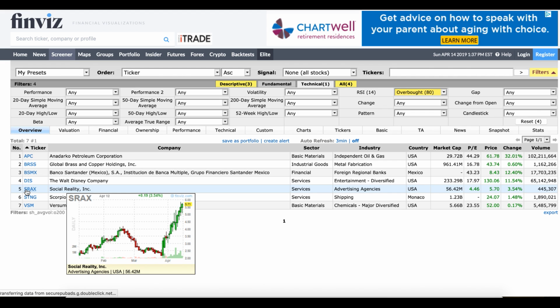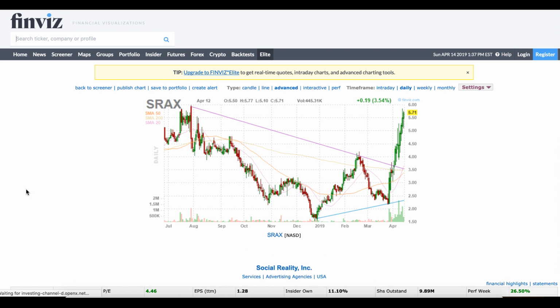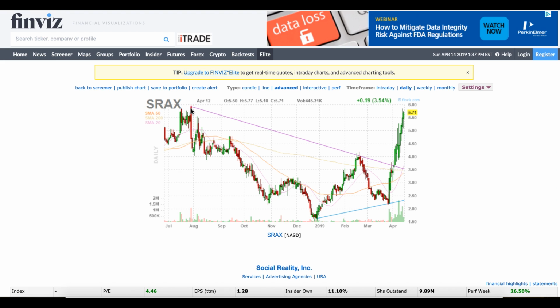In my mind, that looks really overbought, what they call overbought. It's right back up at an area of prior resistance. So if you felt so inclined, you could look for a move that looked like this.